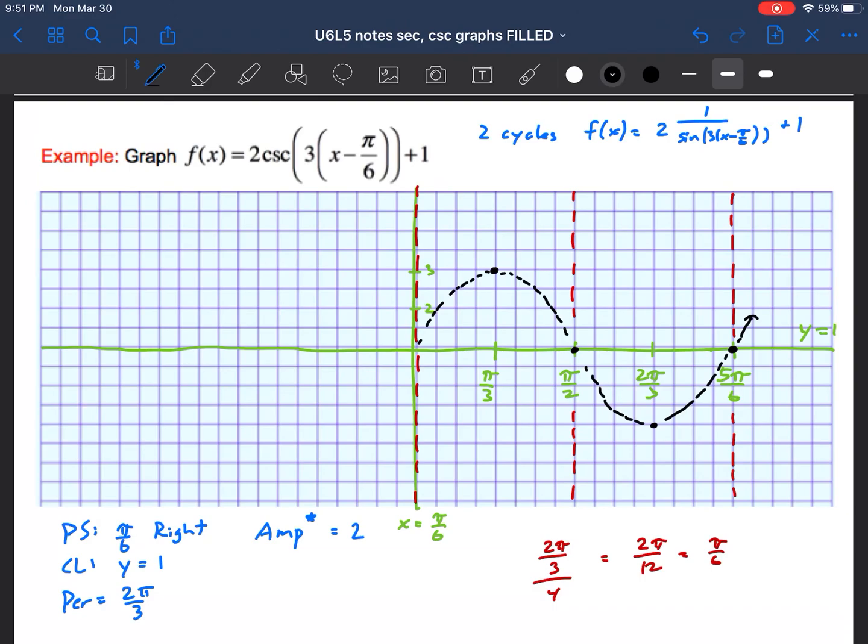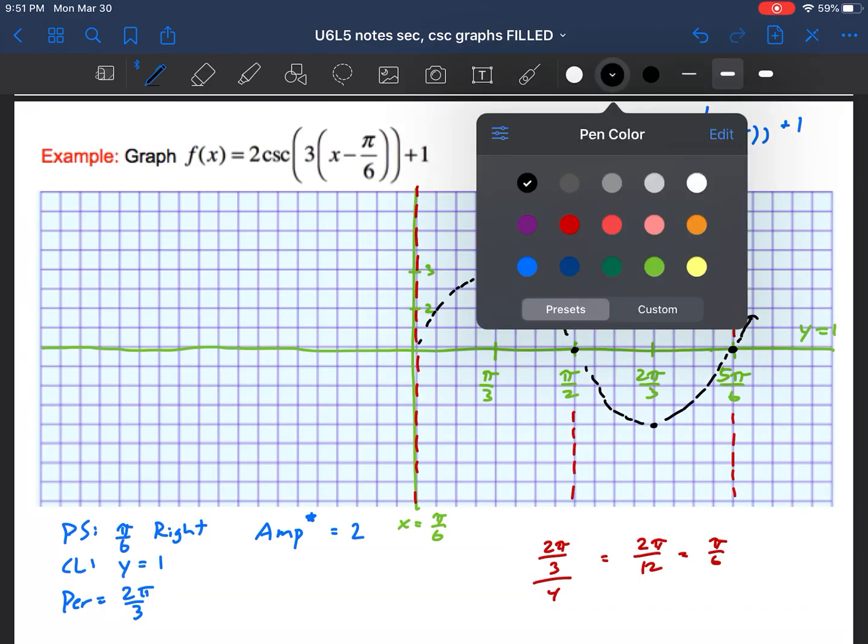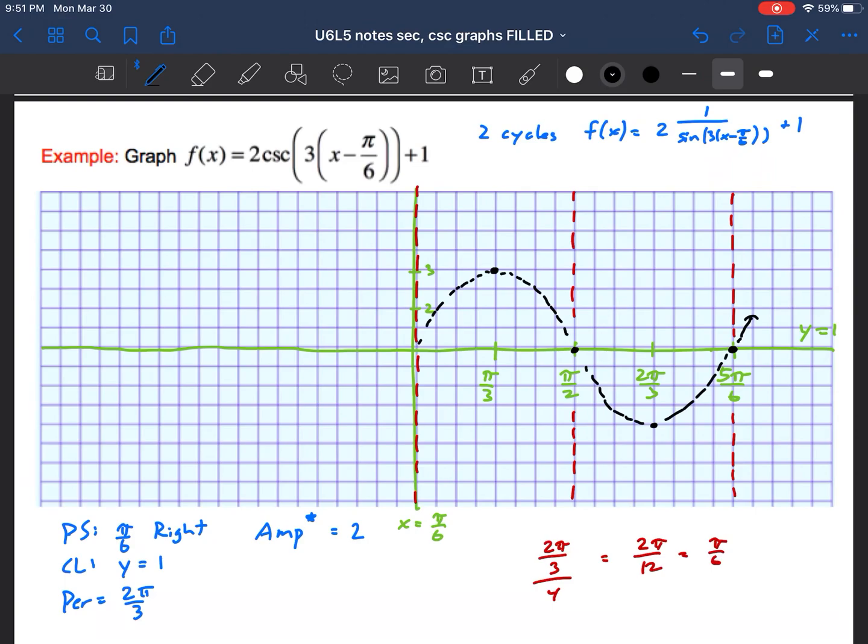So when I make the actual cosecant graph now, I'll take blue. It's going to touch this point. And oh shoot, it's going to touch this point. It's going to go up towards those asymptotes. This part's going to go down towards those asymptotes. So that's one full cycle.